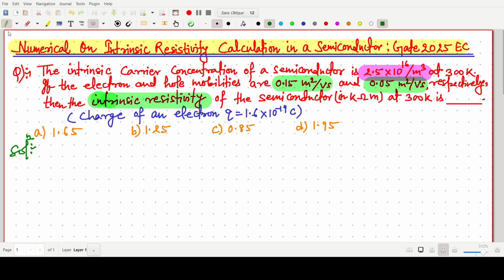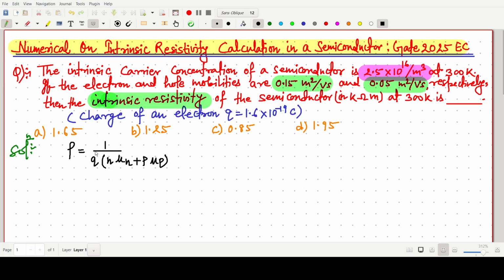So directly I am writing the intrinsic resistivity, that is rho. Intrinsic resistivity can be written as rho equals 1 upon q times n, the electron density, into mobility of electron, plus p, the hole density, into mobility of hole.